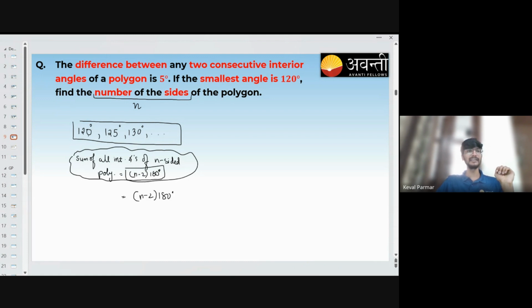And what they are saying is that the angles are in AP and this is the AP. So let us write the sum of the AP as n by 2 into 2A, which means 240, plus n minus 1 into D, which is 5. So you can see we are going to get a quadratic equation, correct? So let's simplify this. I'll cross multiply the 2 and take n inside.